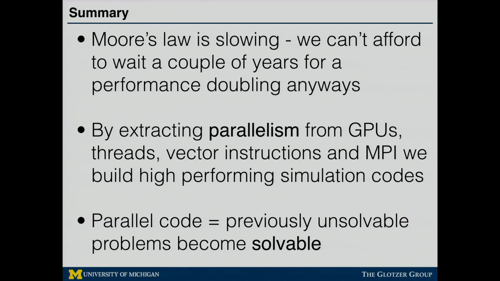And we expect parallelism by using GPUs, threads, vector instructions, and an API. And this enables us to build high-performing simulation codes. And with parallel codes, essentially what we are able to do is to solve problems which we have not been able to solve previously. So with this, I would like to thank you for your attention.